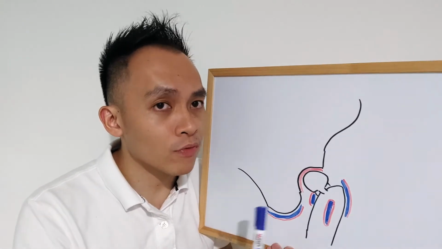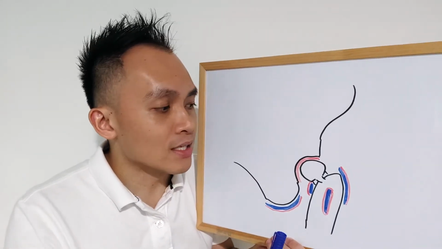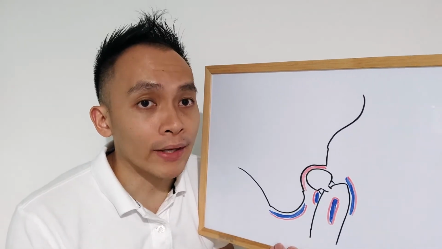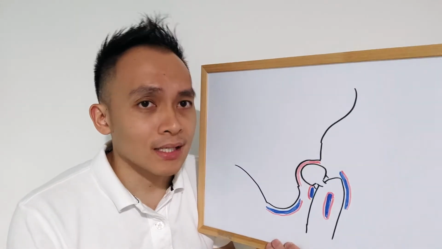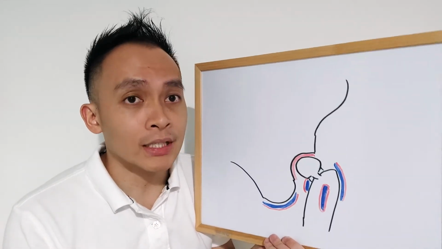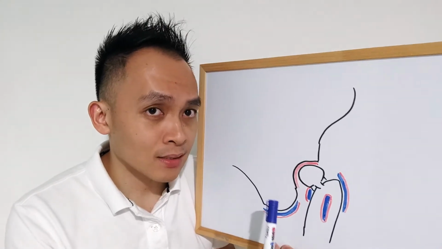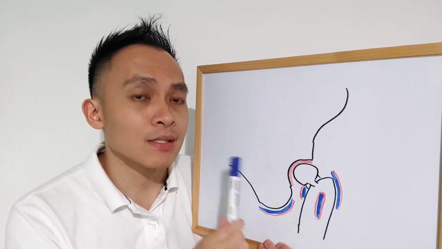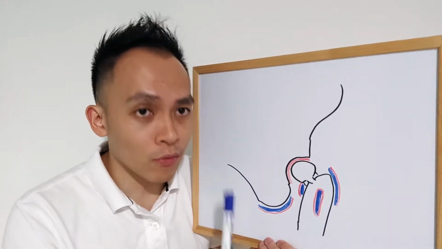If it happens on both sides, then you will be easily convinced that this is just wear and tear, right? Old age. But if it only happens on one side, then you really got to question whoever you are seeing to give you a better answer, because wear and tear doesn't happen to one side only, it happens on both sides. Degeneration doesn't happen to one side only, it happens on both sides.